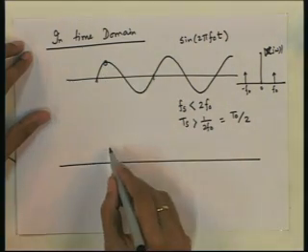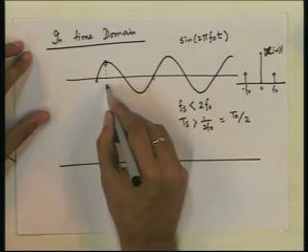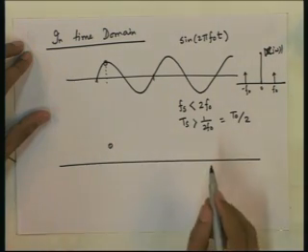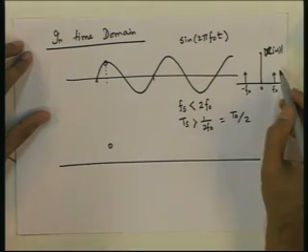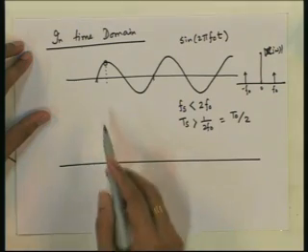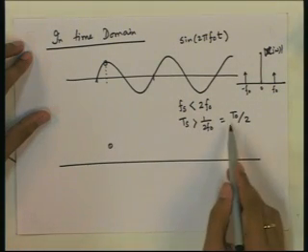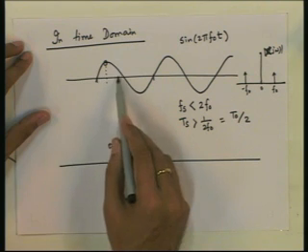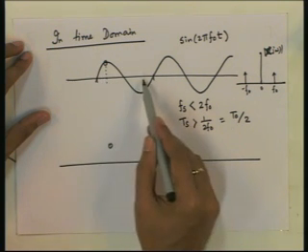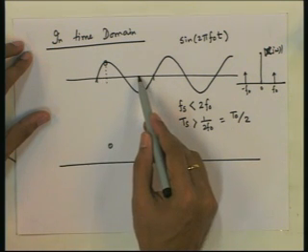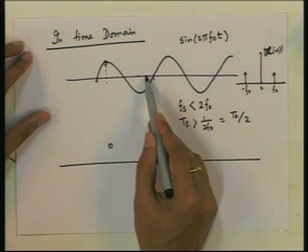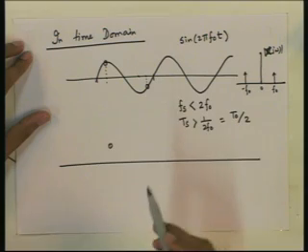So Ts is greater than T naught by 2, that is, the sampling interval is greater than half the period. From here the half period is here. So the next sample will come later than this. Let us say somewhere here. So this is the next sample.